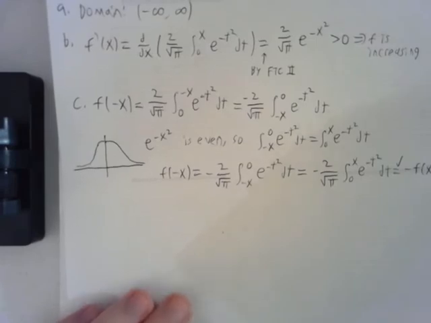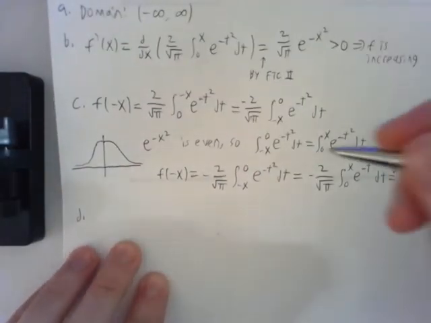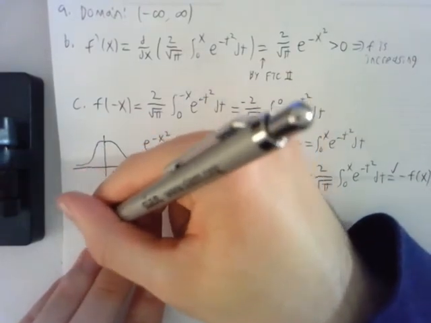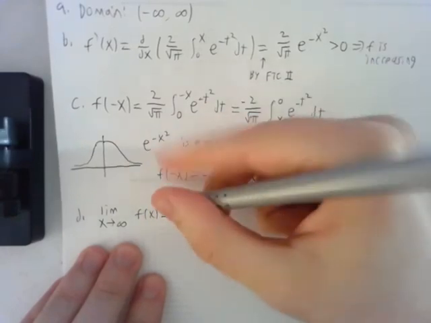Okay, so the next part of the problem asks us to estimate the limit as x goes to infinity of f of x. So we can just do this using a computer. So we'll see that the limit as x goes to infinity of f of x is equal to 1.